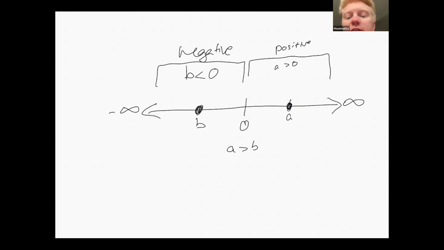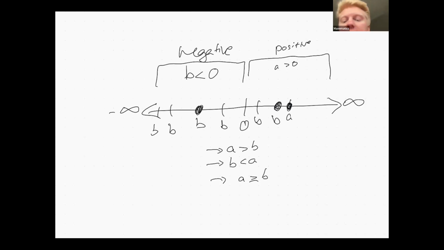If we reverse A is greater than B, we get B is less than A. And we can also say that A is greater than or equal to B if we chose a B anywhere to the left, so long as A is bigger than it. But also, A and B can be the same thing since we allow it to be equal to. And same thing for A is less than or equal to B, just everything to the right.